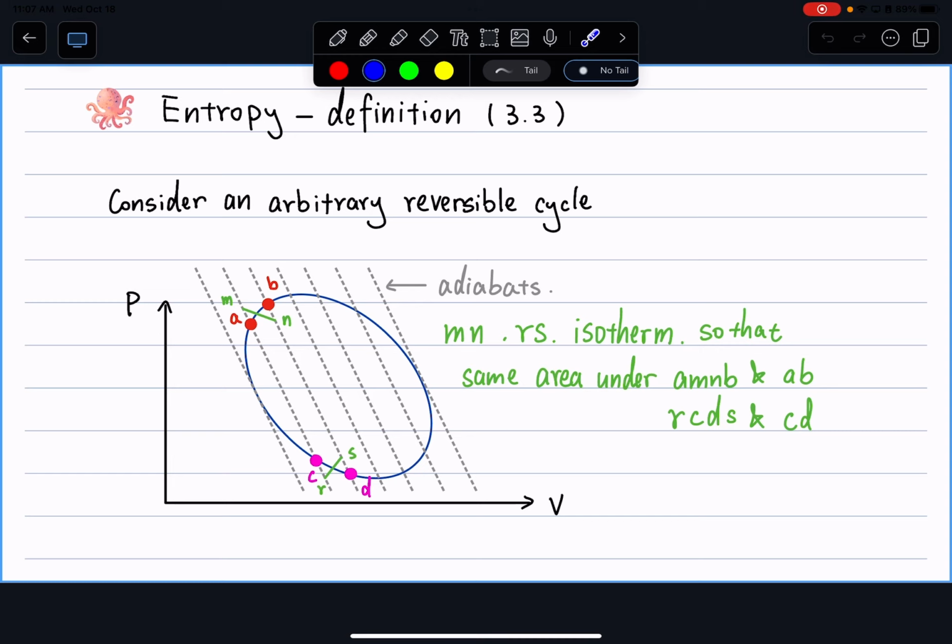So if we look at the points along the adiabats, QAM, these points A and M are along the adiabats on that curve, equals 0. And also QBN equals 0. For CR and SD as well, those are the other two pairs, yes?